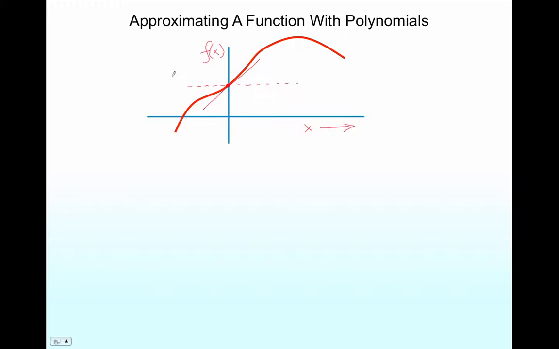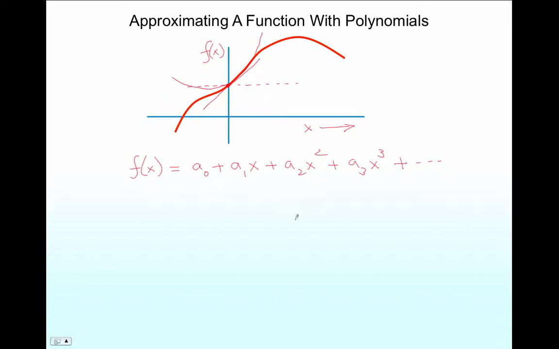It would be so much better if we could give it some curvature like this, and in that case we would have a better approximation. So let's say that we were to approximate f of x by a constant plus another constant times x plus more constants with appropriate values of the power of x and so forth. Will this work? And how well will this work?